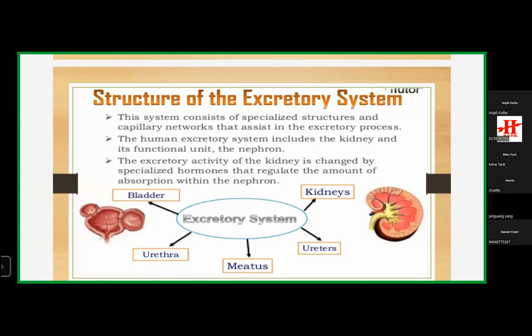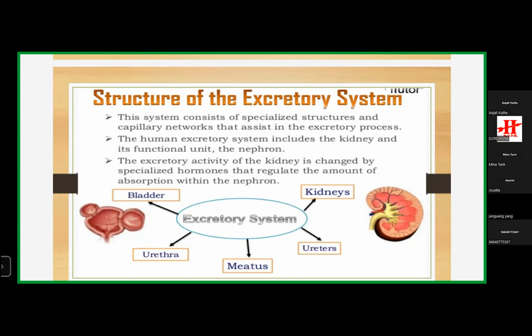Weight of the kidney in male and female has a slight difference. 125 to 175 grams is the weight of the kidney in males, while 115 to 155 grams is the weight in females. The length of the kidney is about 11 to 14 centimeters.